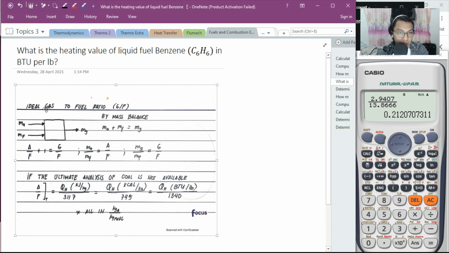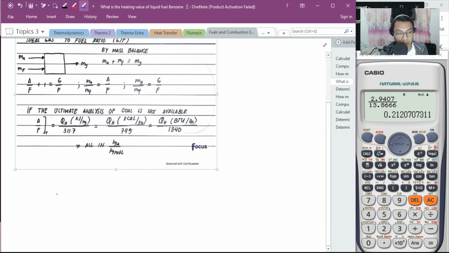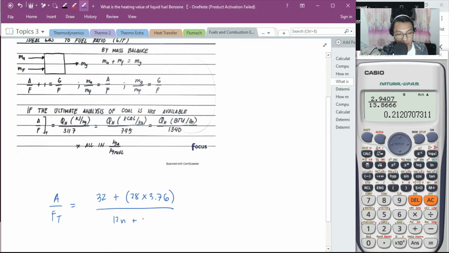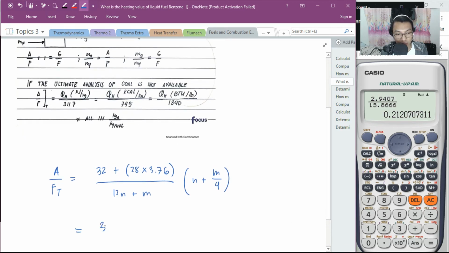Benzene, okay? Benzene. Kunin ko na. Air fuel theoretical equal to 32 plus 28 multiplied to 3.76 divide by 12N plus M, tapos multiply natin sa X, N plus M over 4. 32 plus 28 multiplied to 3.76 divide by 12N.